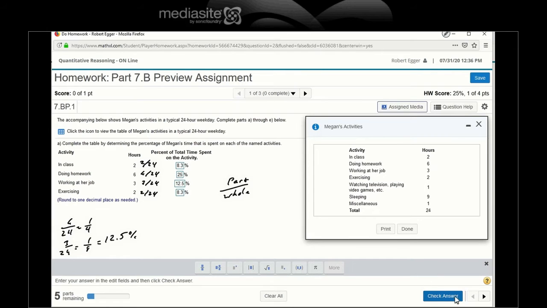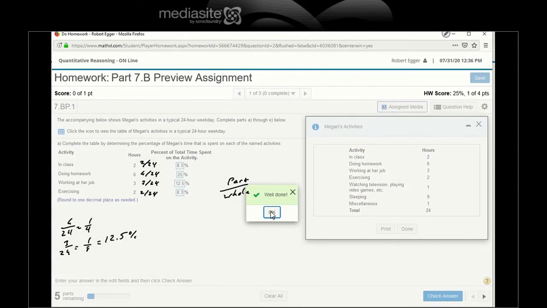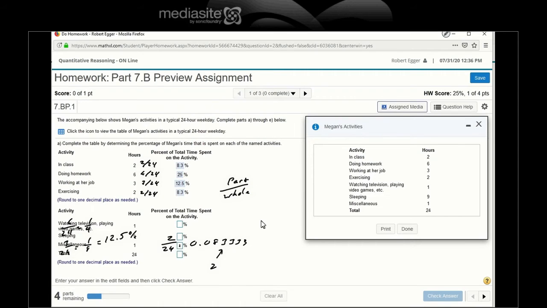Fortunately, you get 2 tries. There we go. And 2 over 24. For some reason, I saw a 2 when I looked at it the first time.